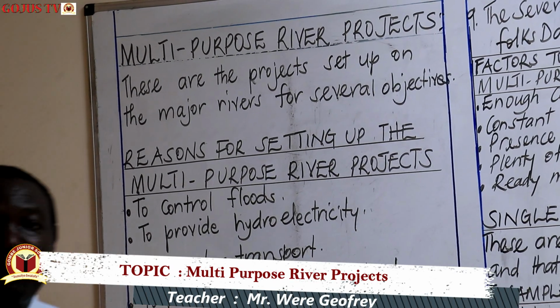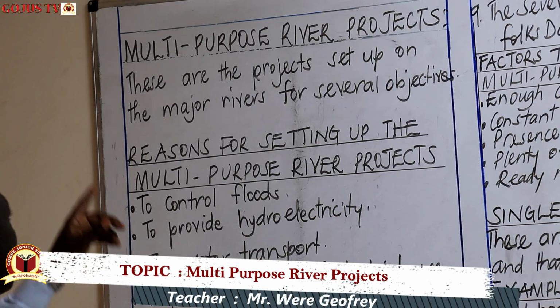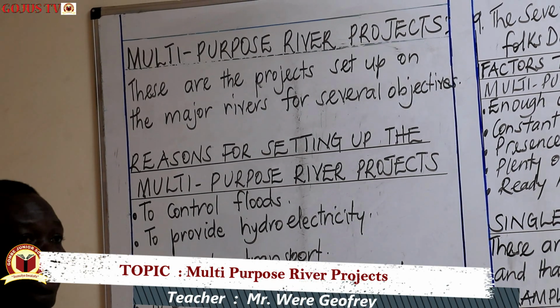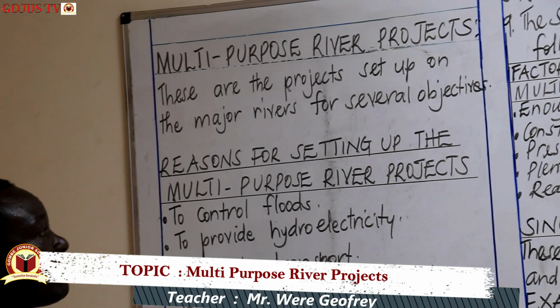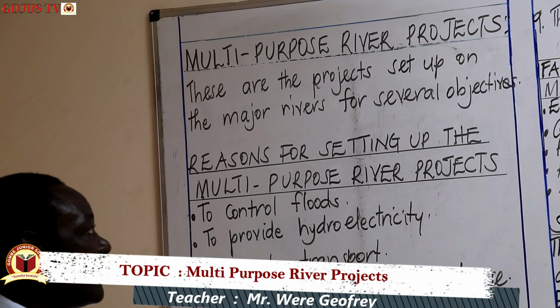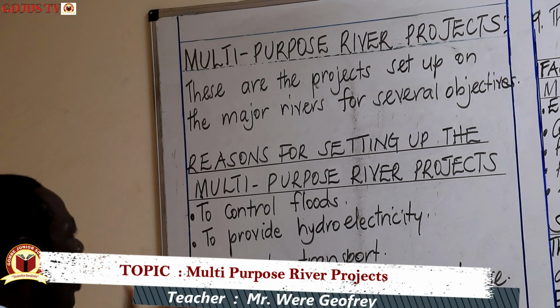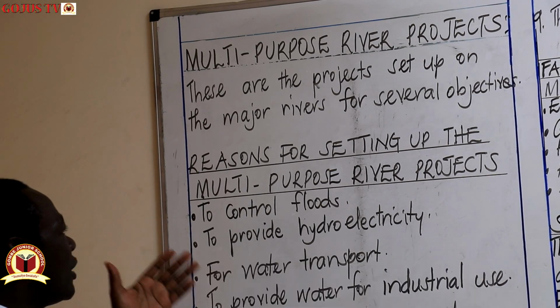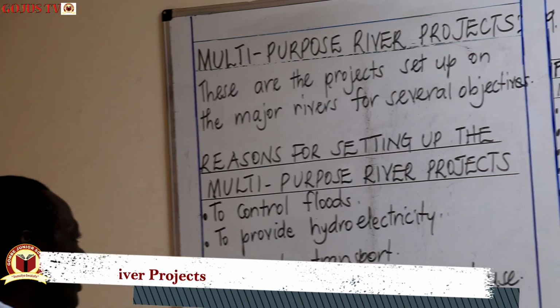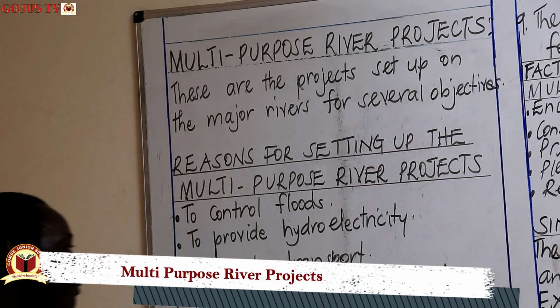What are these multipurpose river projects? These are the projects set up on major rivers for several objectives. They are set up for many uses. And why were they set up? There are so many factors.